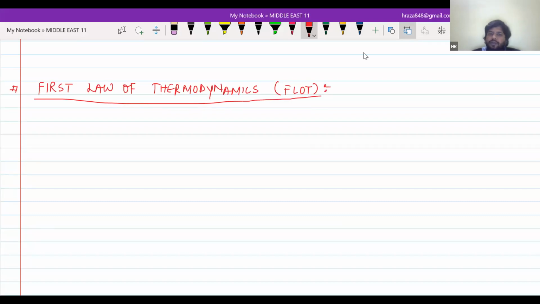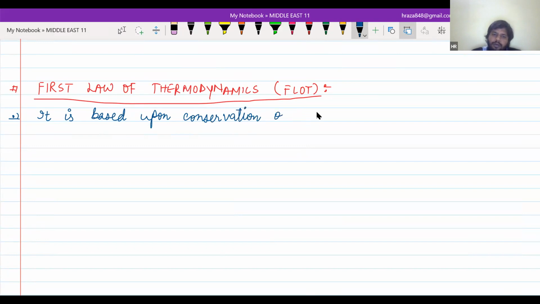That means first law of thermodynamics. What does it say? Write with me. It is based upon conservation of energy.